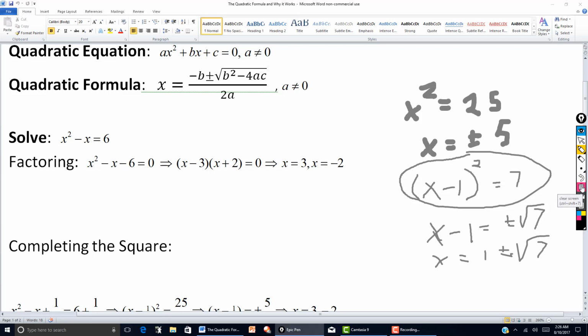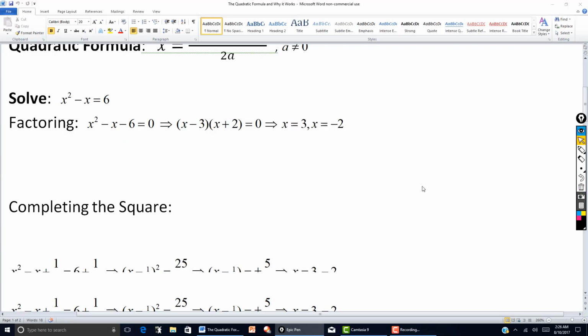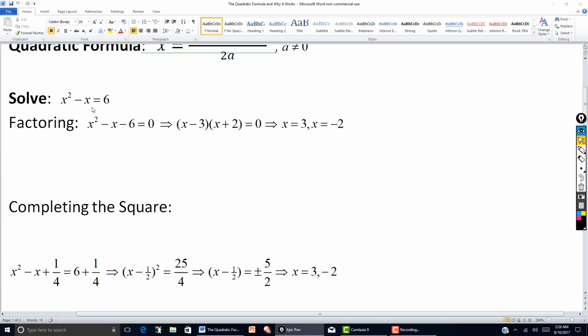So take the one I just solved: x squared minus x is equal to 6. I keep the 6 on the right side, but to make the left side a perfect square, I take 1/2 of the coefficient of x, which is -1.